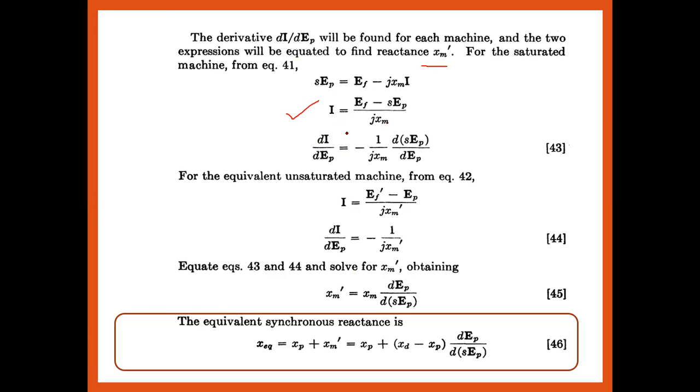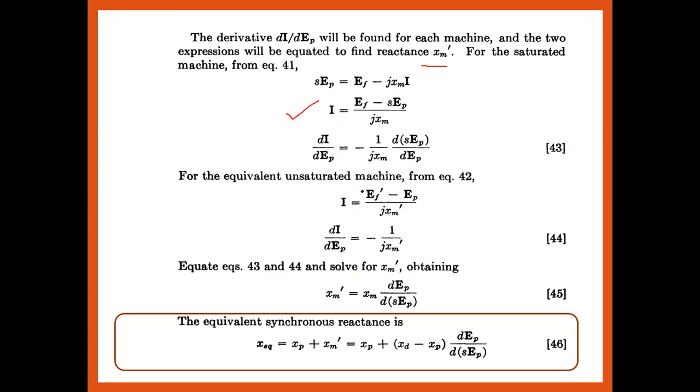Taking the derivative with respect to EP, dI by dEP is equal to minus the small change in S EP upon dEP, divided by jXM.